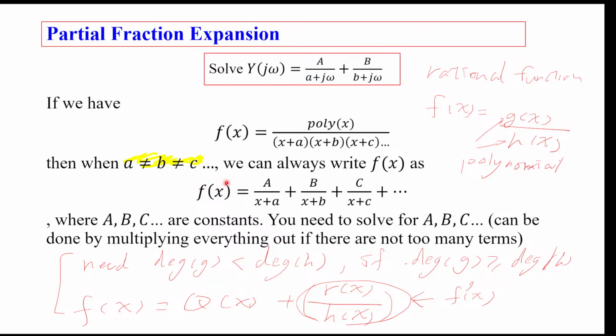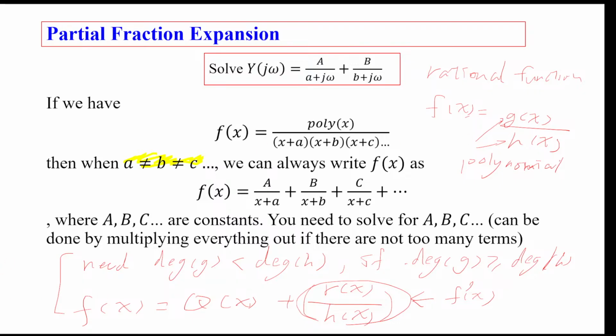And you can easily derive a theorem that says you can always write your f of x equal to big A over x plus a, plus big B over x plus b, plus big C over x plus c, etc. Okay, where A, B, C are some constants that you can calculate from your small a, small b, small c, etc.